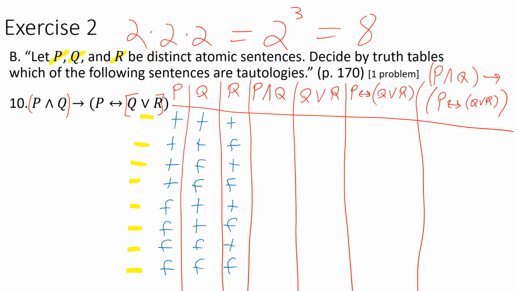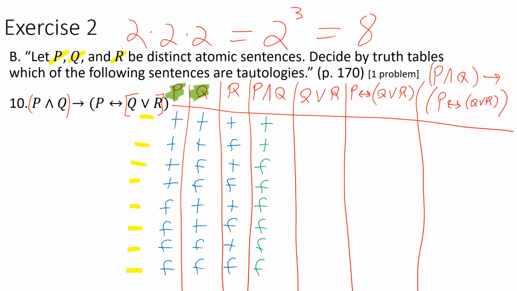Let's look at the conjunction P and Q. So we're dealing with this column P and this column Q. And it's a conjunction, it's an and. So true and true is true, true and true is true, true and false is false, true and false is false, false and true is false, false and true is false, false and false is false, false and false is false.